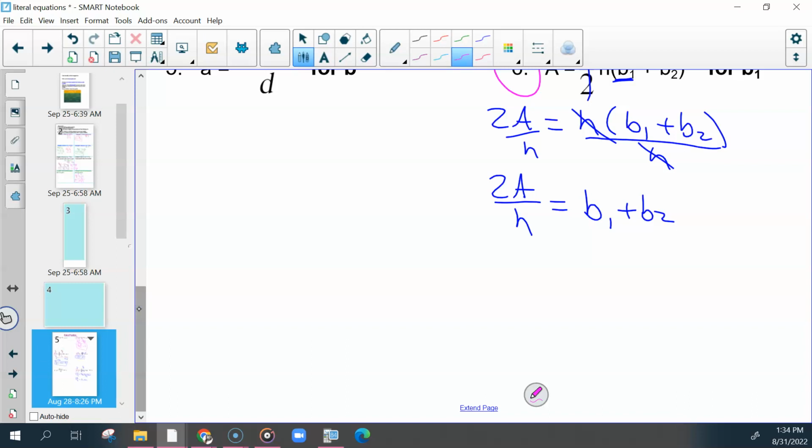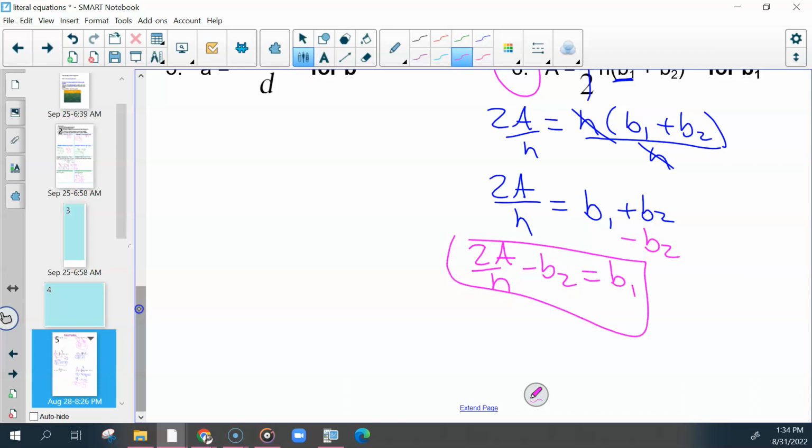And then to get b1 by itself, this, I want to say, is the area of a trapezoid.